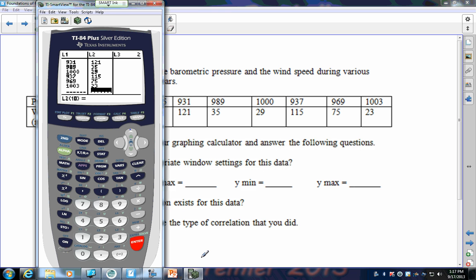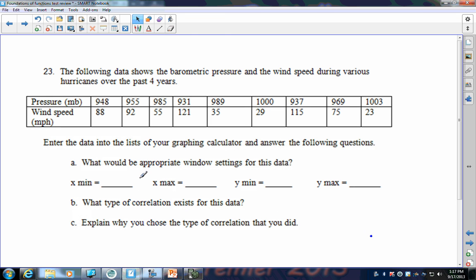Okay. First, we're going to put these in here, but before we do anything on our calculator, I want to look at just these questions. It says, what would be the appropriate window setting? I put the pressure into my X's. Those were my L1s. What is the smallest number in that top row? 931.